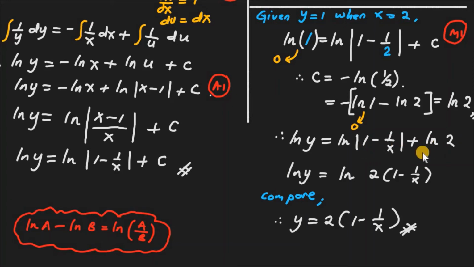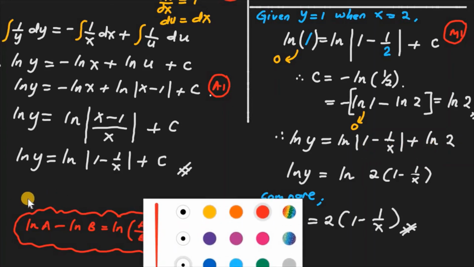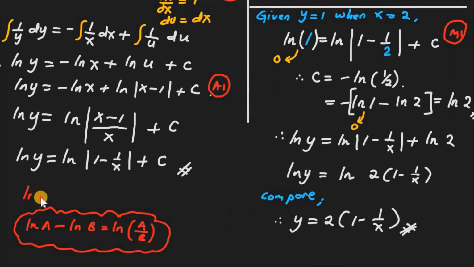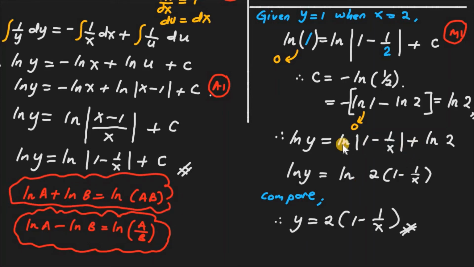So let's apply again the property of the log such that when we have ln A plus ln B, it becomes ln AB. So with that we can compare the value such that the Y there is 2 of 1 minus X minus half, 1 on X. So that is the solution.